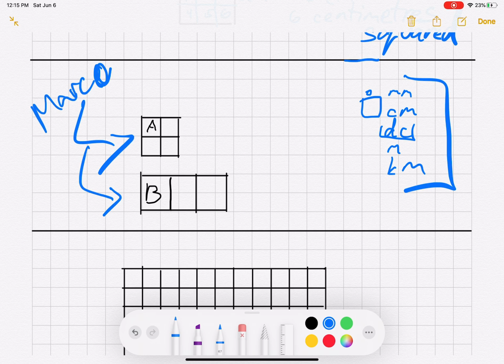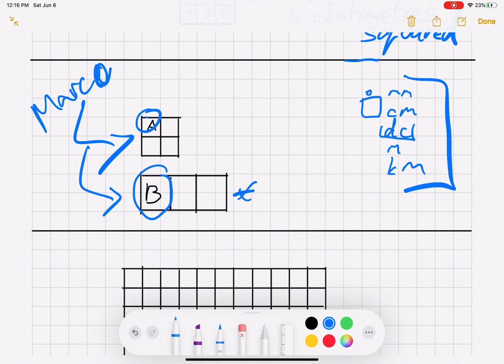Okay, so he is wrong because if you look at 1 square of B, it is far larger than 1 square of A. Okay, so this one would definitely be larger. So it's very important that when you're measuring, you write down the units that you measure in, because it's going to make a big difference, especially when you are measuring to build something.